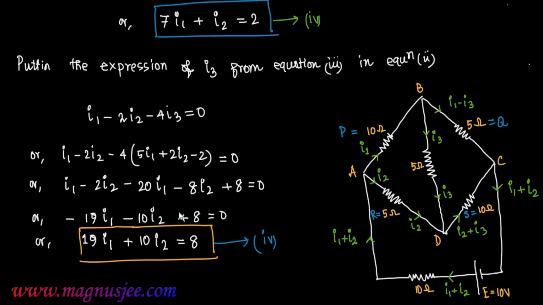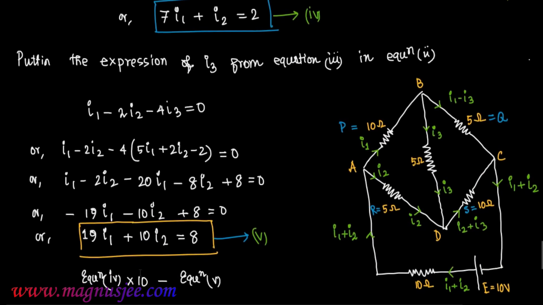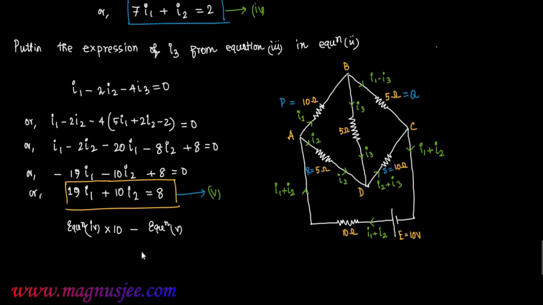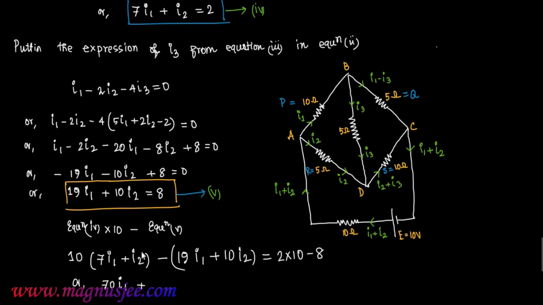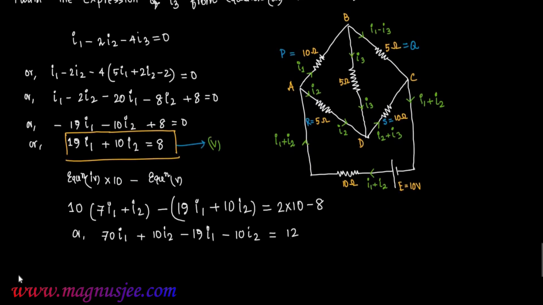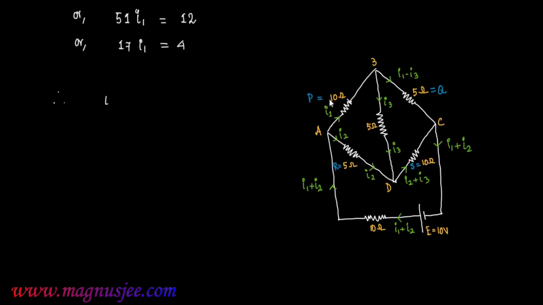Multiplying equation 4 by 10 and subtracting equation 5 from equation 4 multiplied by 10, we get 10 into bracket 7I1 plus I2 minus bracket 19I1 plus 10I2 equal to 20 minus 8, or 70I1 plus 10I2 minus 19I1 minus 10I2 equal to 12, or 51I1 equal to 12, that is 17I1 equal to 4. Therefore I1 equal to 4 by 17 ampere, that is one of the answers.